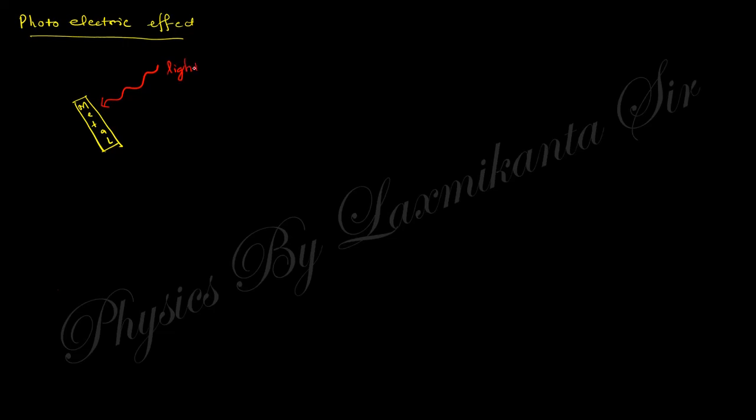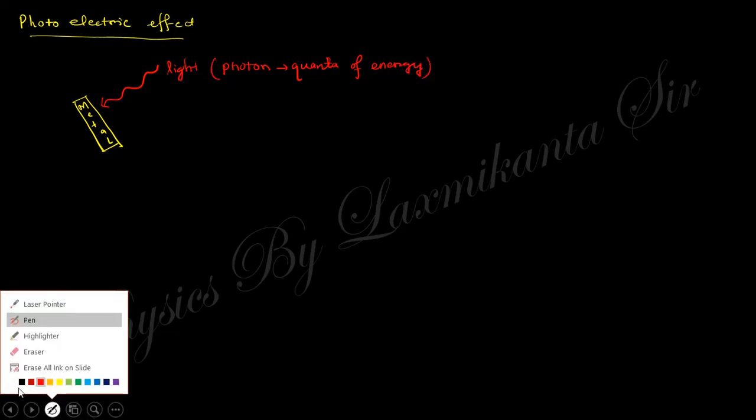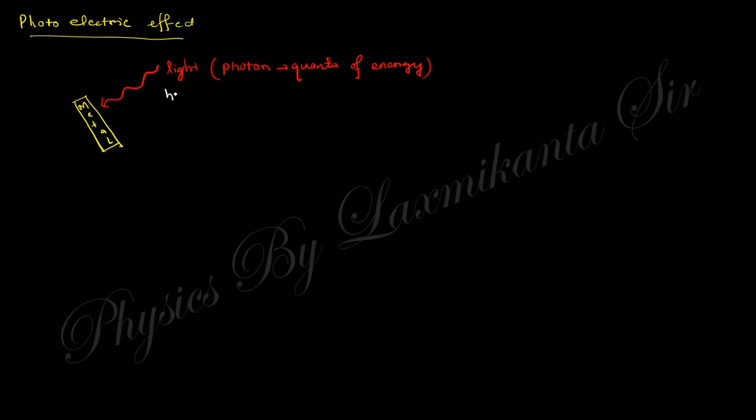Here, this light is taken as a photon particle, that is the quanta of energy, whose energy is taken as h nu. So, on this metal the energy that falls is h nu. After a minimum energy falls on this metal, there is an ejection of the electron. This is called the photoelectric effect.